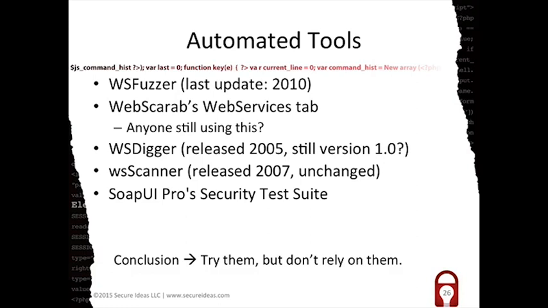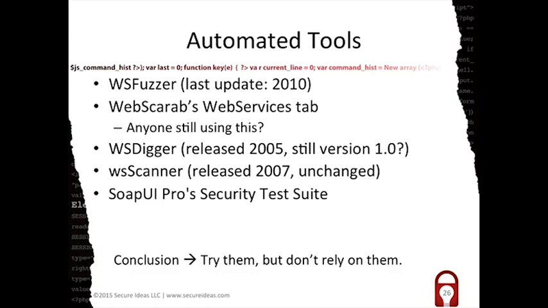WebScarab is an old intercepting proxy. It does have a web services tab. I don't know of anyone who actually still uses WebScarab, so that may be of limited value as well. WS Digger has been around for a long time.